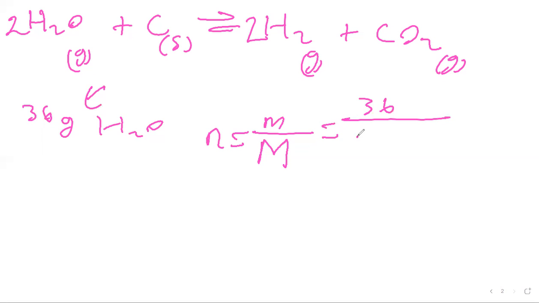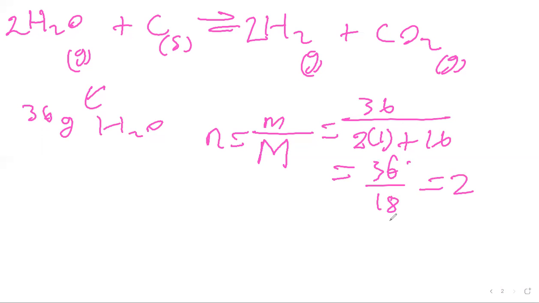Molar mass is 2 times the mass of hydrogen plus 16, so this is 18, which is equal to 36 divided by 18. I think this is equal to 2. Yeah, 2.